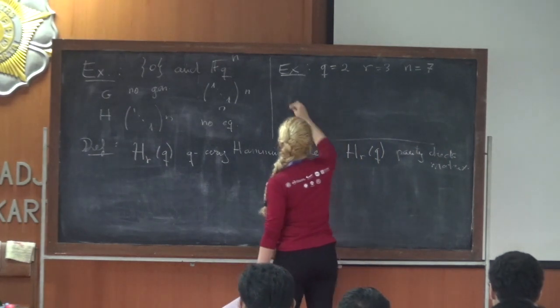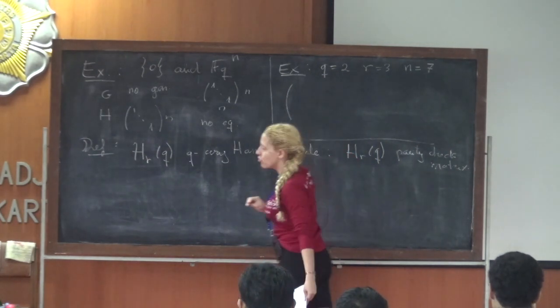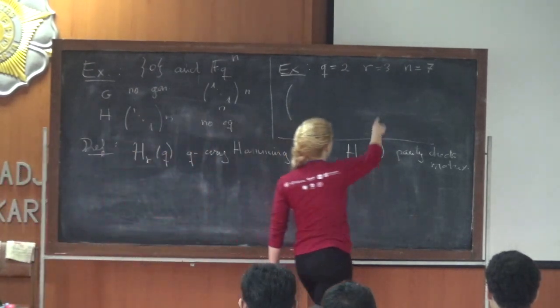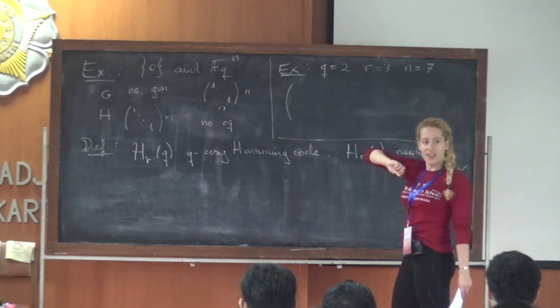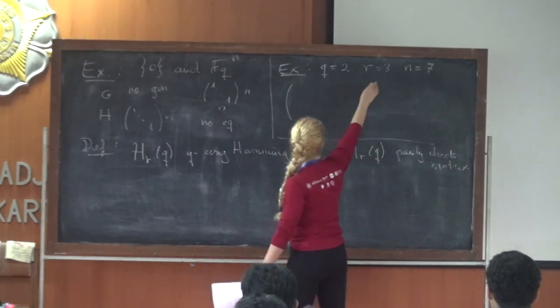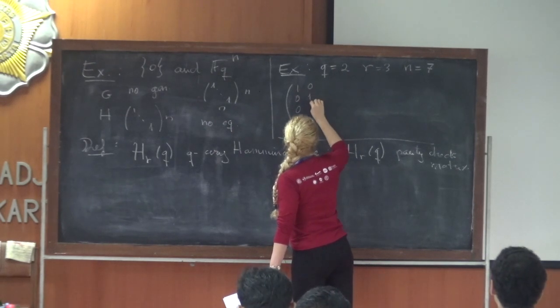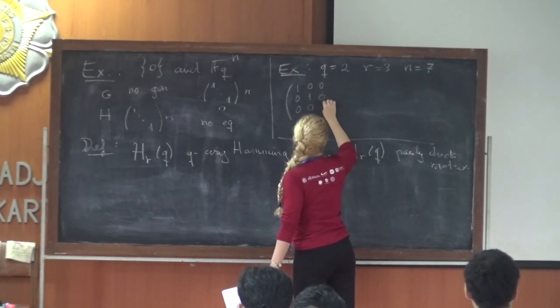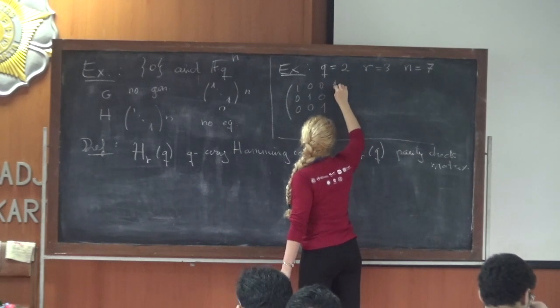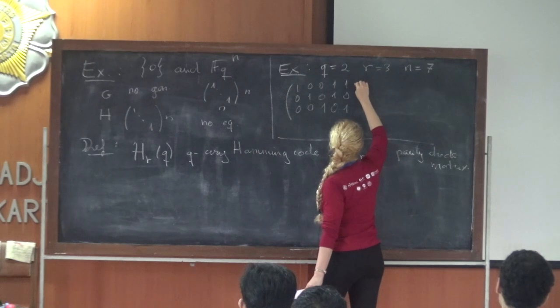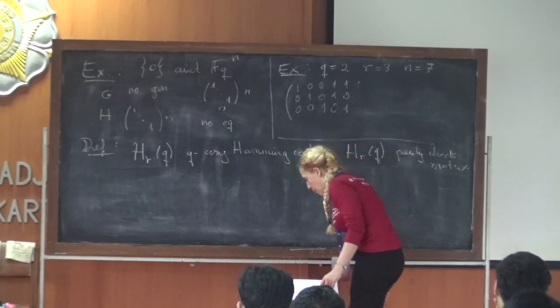So basically, you need to take this matrix of size r times n, so 3 times 7. What you are doing is getting all the possible non-zero vectors in any order.